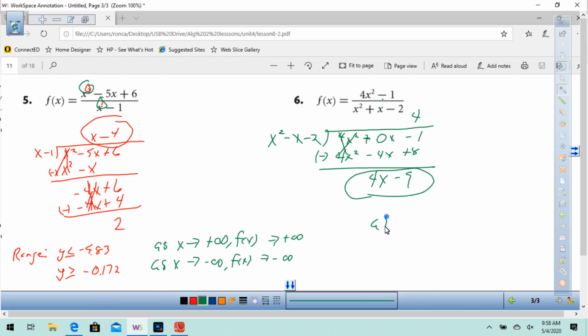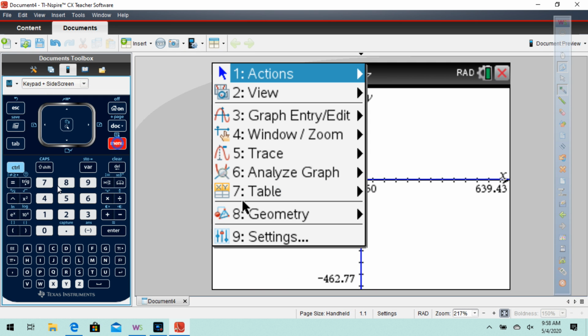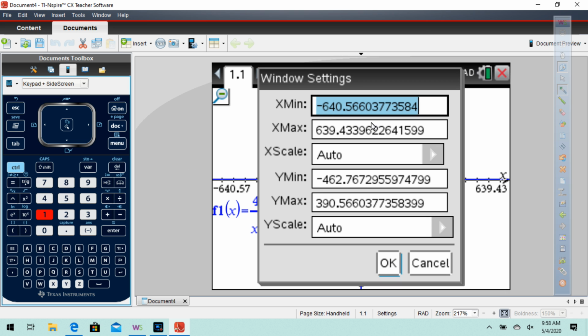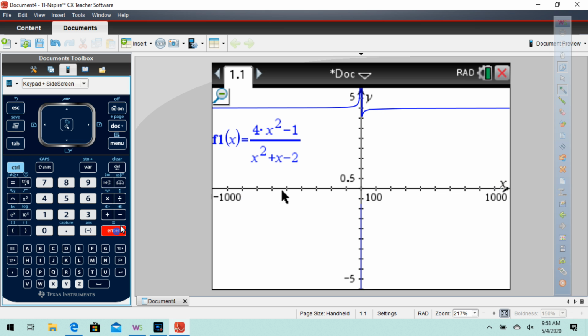So as x approaches, actually, let's see here, menu 4, 1, we'll say negative 1,000, and we'll say positive 1,000, and we'll put it at 100. Minimum, because that's kind of messing you up a little bit. Let's see, minimum. We'll say negative 5, and we'll say positive 5.